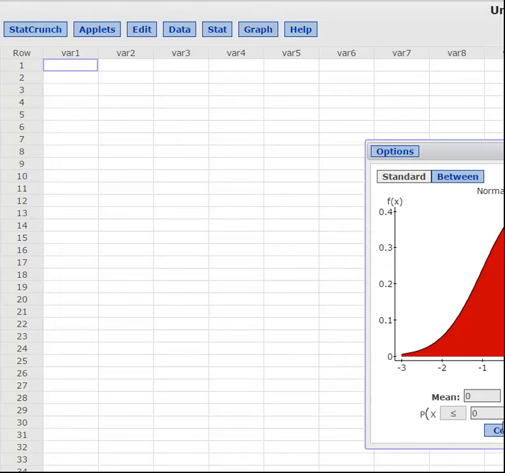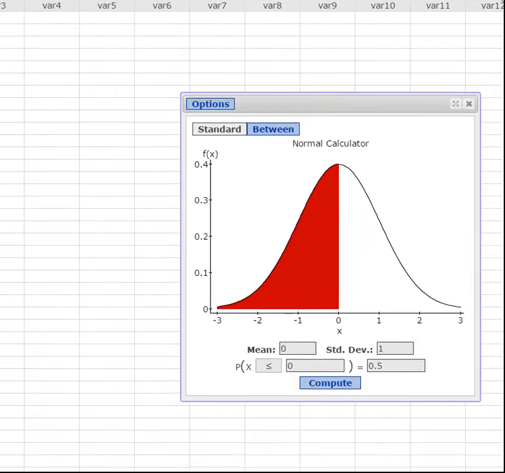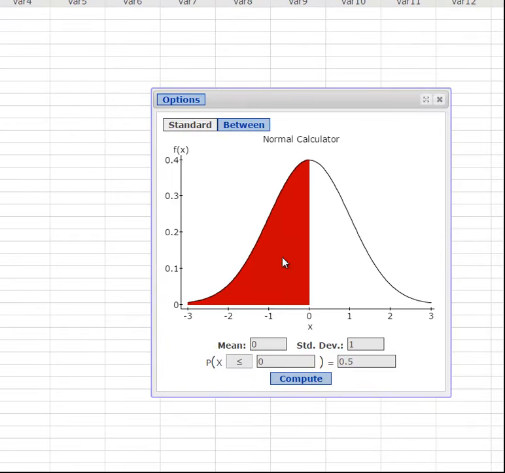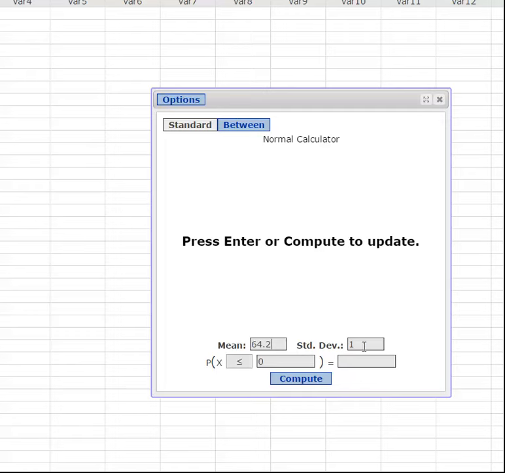Let me move the screen over. There we go. I want to override the standard normal case, so I put in the mean of 64.2 inches and a standard deviation of 2.9. I want the probability x is less than 56.5, so I'm going to put in 56.5.